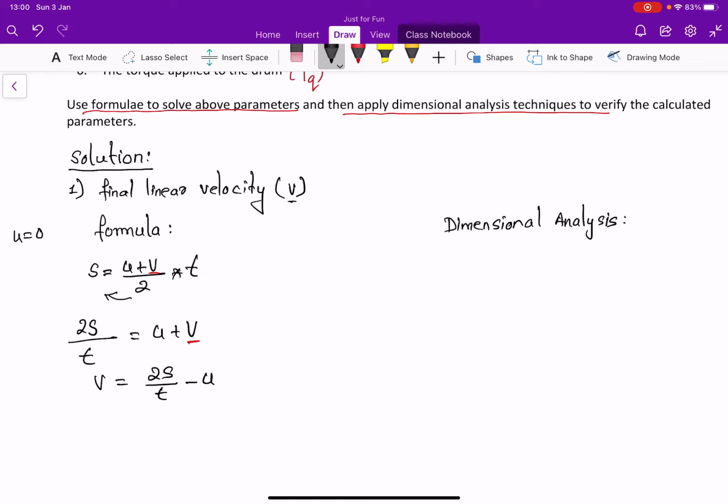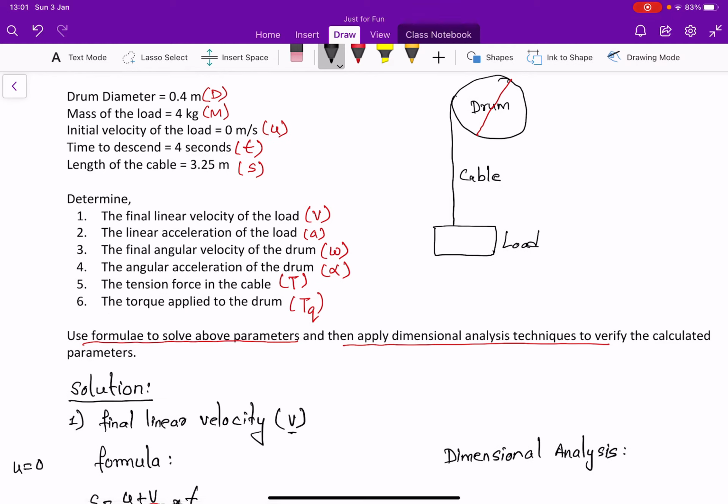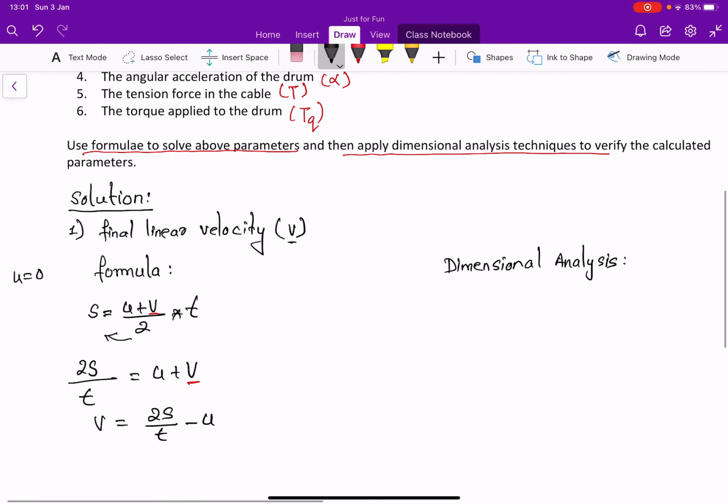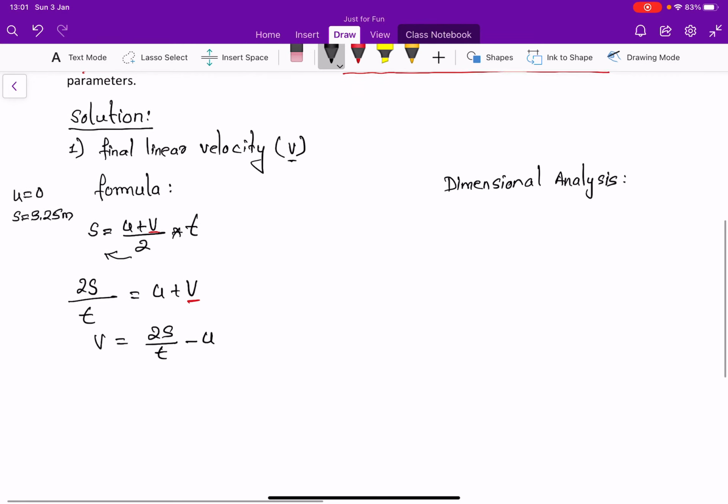We have displacement, the distance traveled by the cable or load, which is the length of the cable. So our displacement is 3.25 meter. If you look in the question here, 3.25 meter.